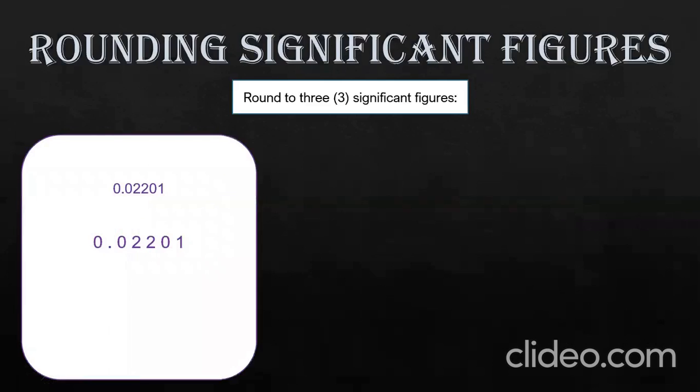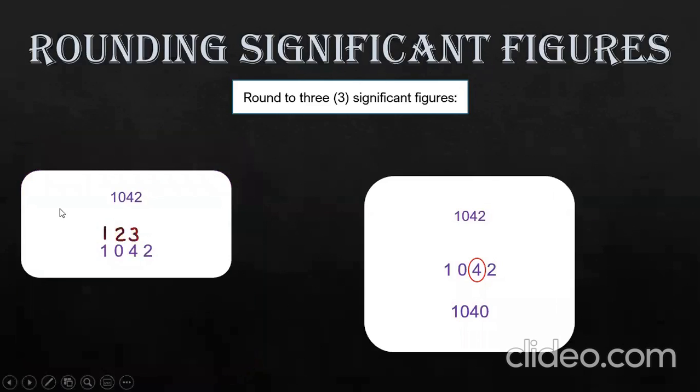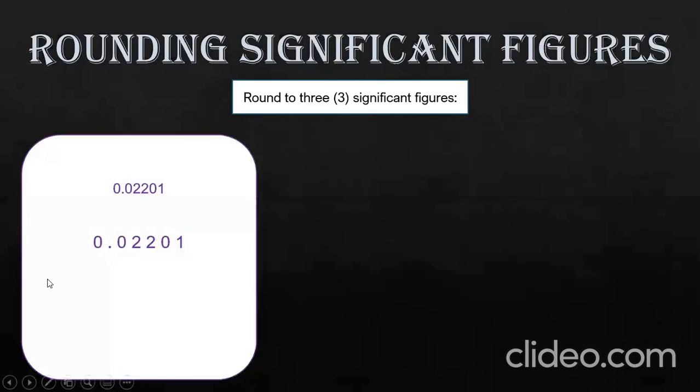Let's look at a third example, 0.02201, and we're writing this to 3 significant figures. Now let's pay attention to where we start counting the significant figures from. Unlike the first 2 examples, where we started counting from the first digit because that was the first significant figure, in this example our first significant figure starts here.